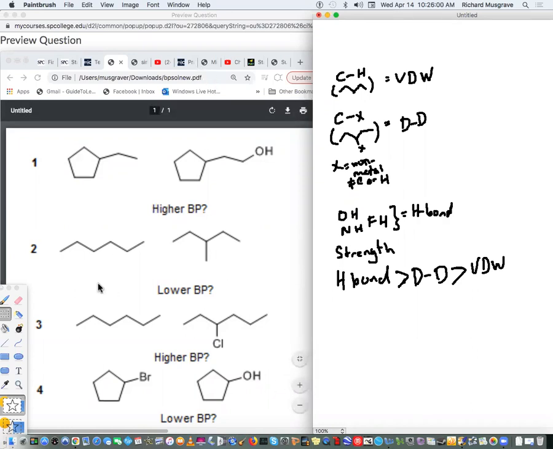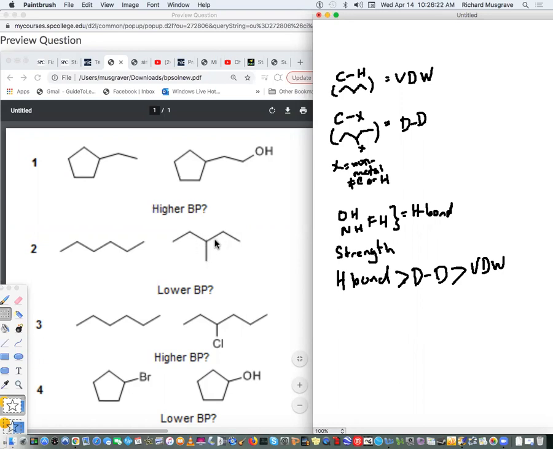Let's look at the second question. I think you'll pick it up as you go. We've got two compounds here. They're both actually van der Waals, as you can see. Can anybody tell me the difference between them? It's a little bit subtle. What's the difference? One's a straight chain, one's a branch. Yeah, one's straight and one's a branch. Which one's the branch, Coden? The one on the right. That's right.